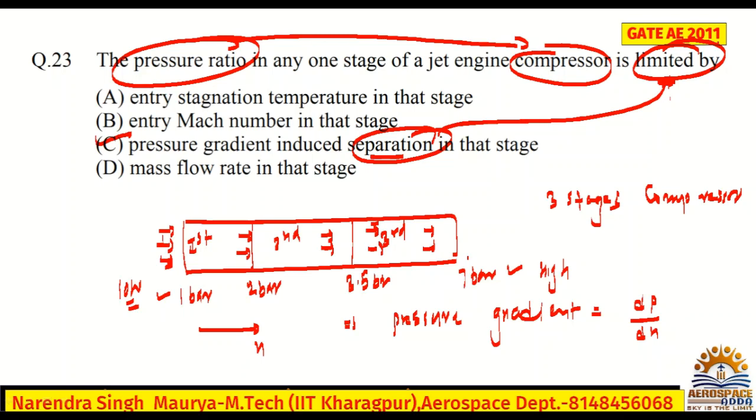That option can also be given as pressure gradient, because of pressure gradient stalling occurs in the stages. The separation of the flow over the blades is called stalling. So what is the correct answer? Pressure gradient induced separation in those stages. The answer is C.